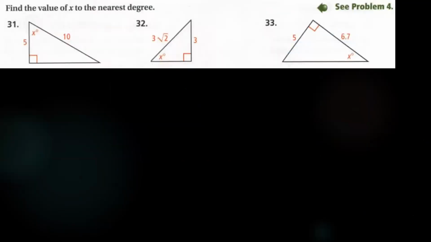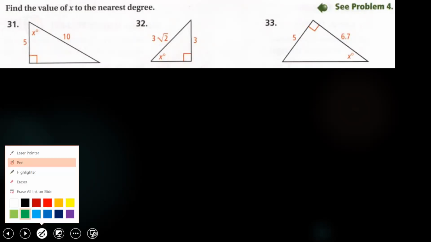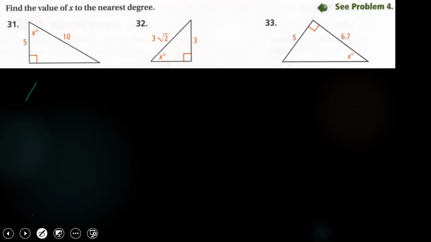Find the value of x to the nearest degree. Here we have 5, and we have 10. We need to find the measure of angle x only. So what do we have to do? Let's say x degrees.